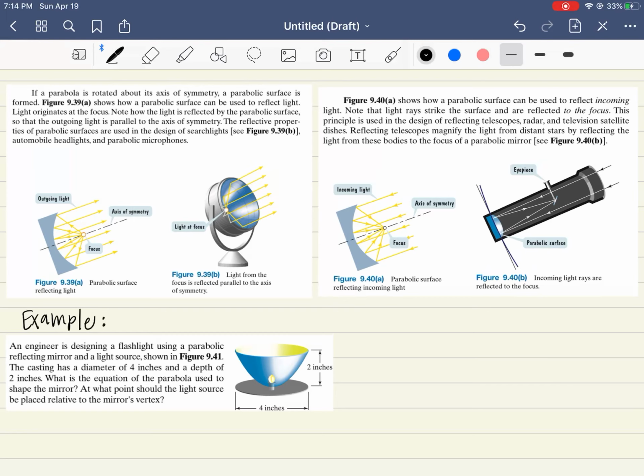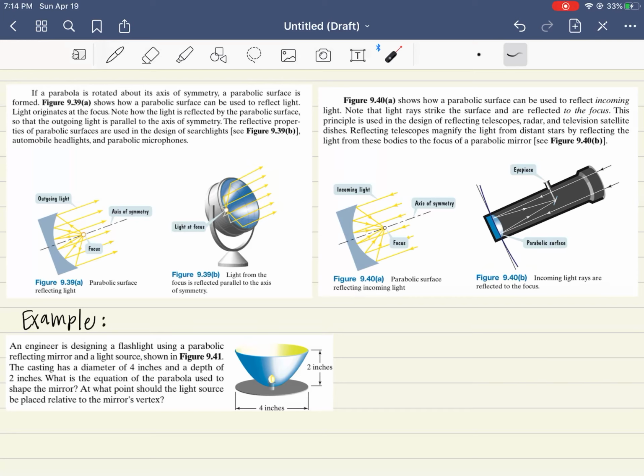Again, I'm just going to kind of read through these examples and show you these diagrams. If a parabola is rotated around its axis of symmetry, so that center point, if we were to rotate it, it creates like a bowl shape. You'll notice you see it here in the back of this light. And you can see that if we were to cut that in half, it would create like a parabolic shape, okay?